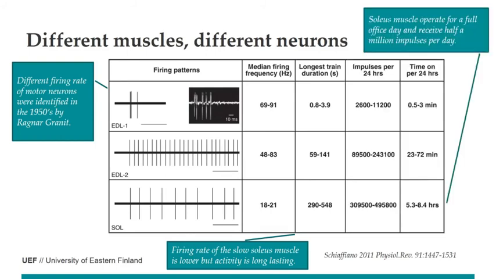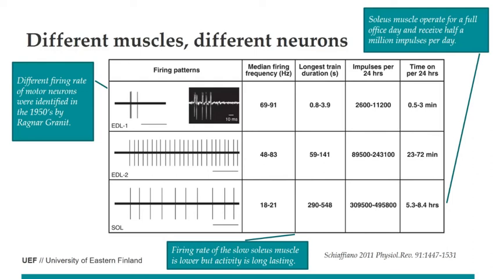And when they were collecting how many impulses per day there exist, in the soleus muscle you get 500,000 impulses per day, and you use it 8 hours, a full office day per day. So it means that you can run these slow muscles for the whole day, but these fast muscles only for short periods, 3 minutes per day or whatever.